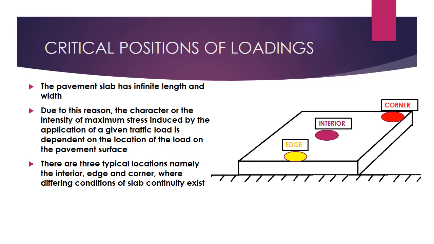So these are the critical positions of loading which are to be considered in order to know the intensity of the maximum stress induced by the application of traffic load. These locations are termed critical load positions. We already discussed that. Now let's move on to the next.